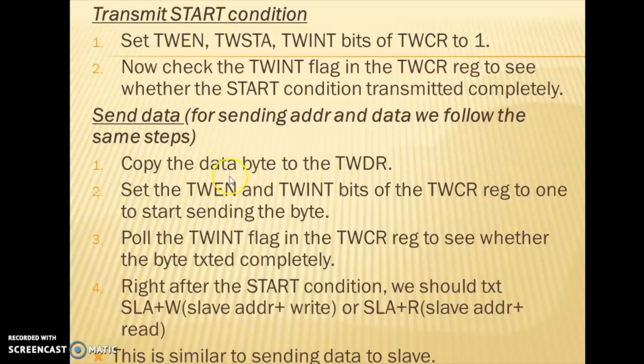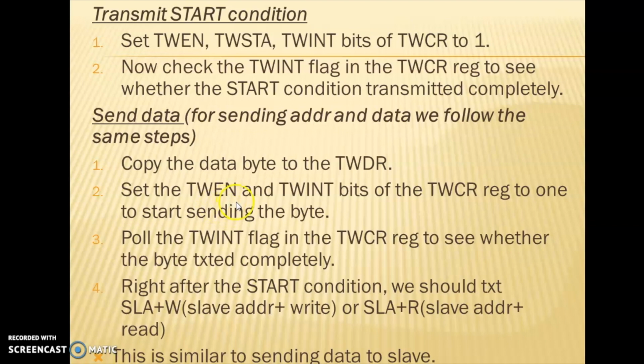For that, we'll take the 7-bit address of the slave device, and it is moved to the TWDR along with the 8th bit as 0 or 1. If you are transmitting, that bit will be 0. If you are reading, then reading or receiving, then that will be 1. Okay, so that data or address will be moved to TWDR register.